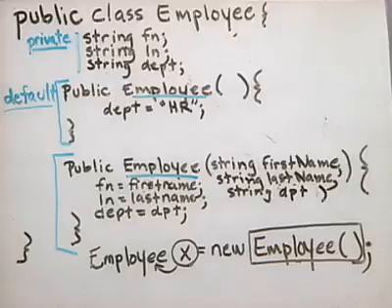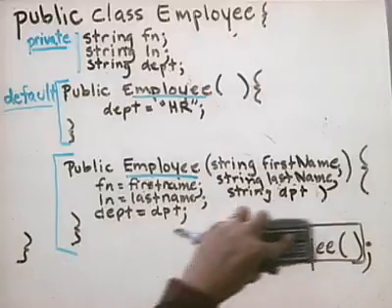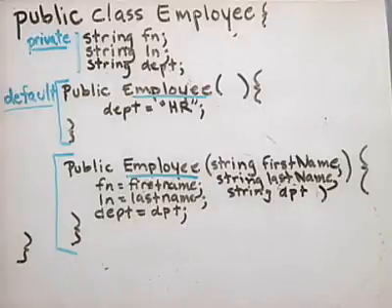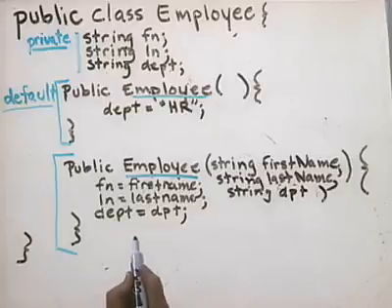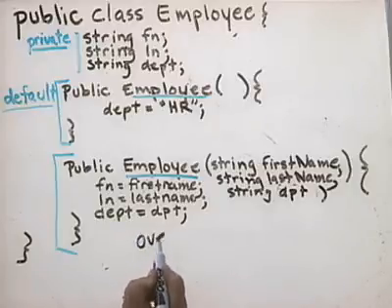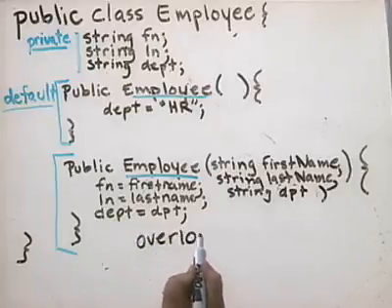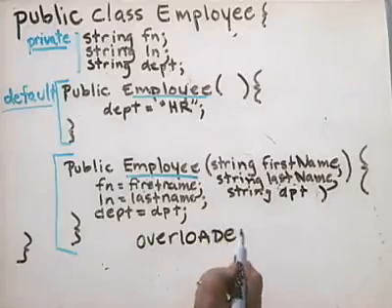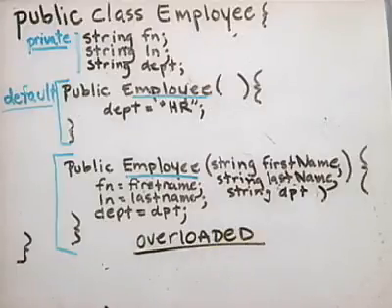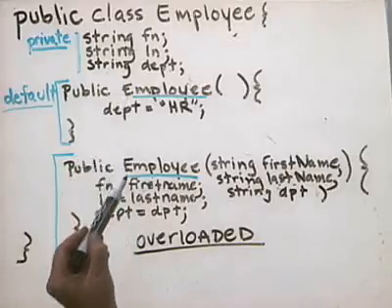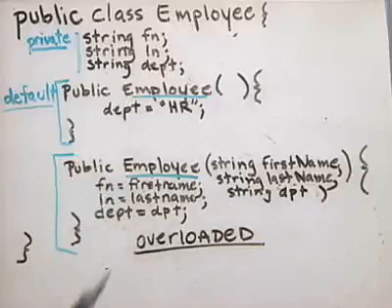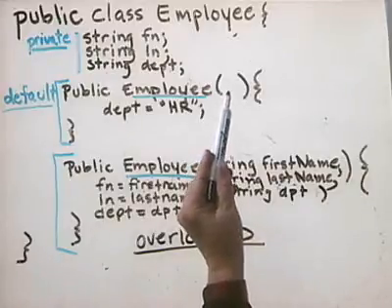Now notice that my class has two constructors. This is a case where I've overloaded my constructors. Remember, method overloading means that I have two or more methods with the same name but different signatures. In this case, the parameter list is none.